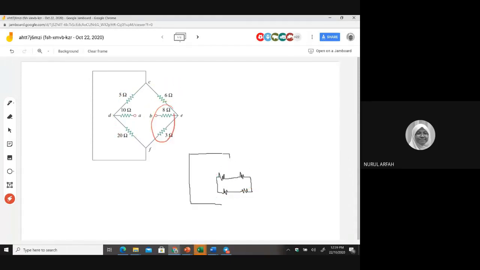There's another 2 resistors. Okay, 6. Yeah, already 6. Now, you need to label A, B, D, C, E, and F.